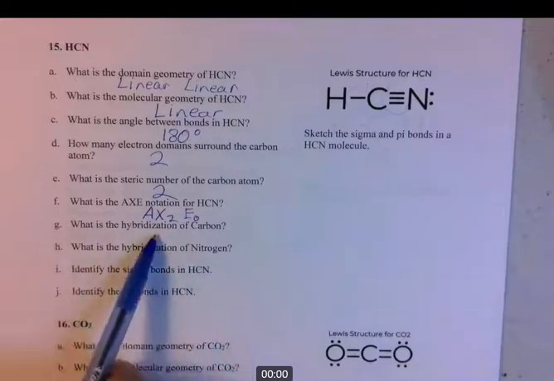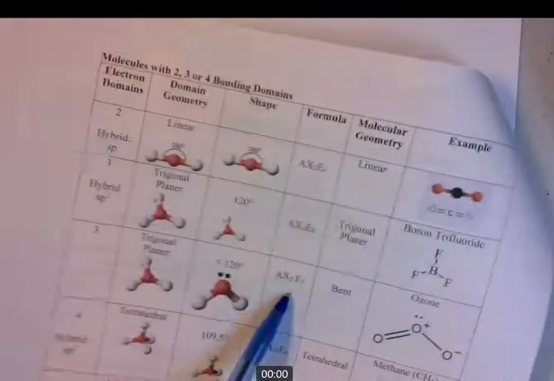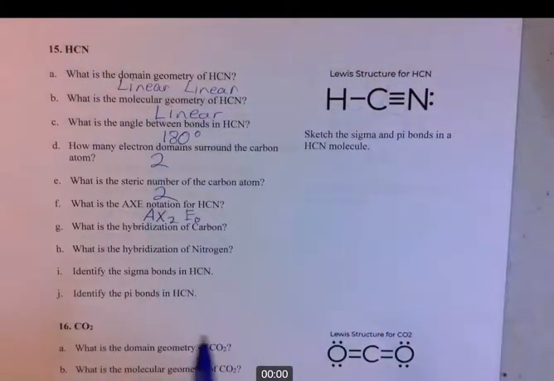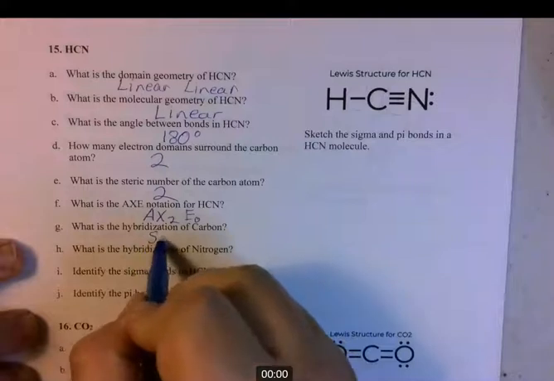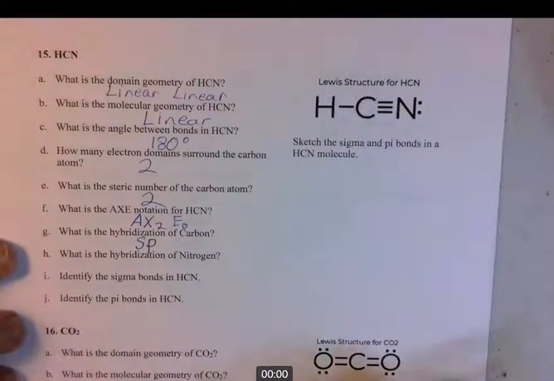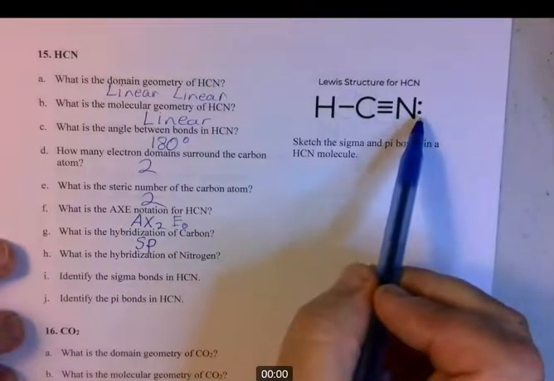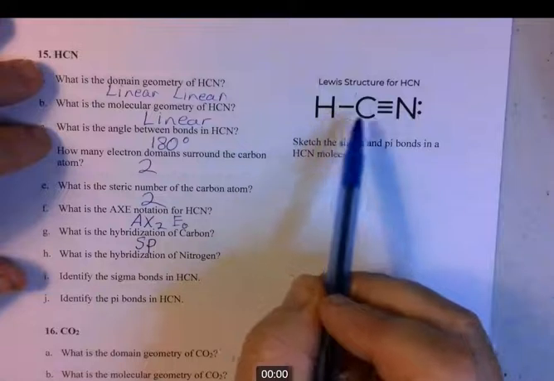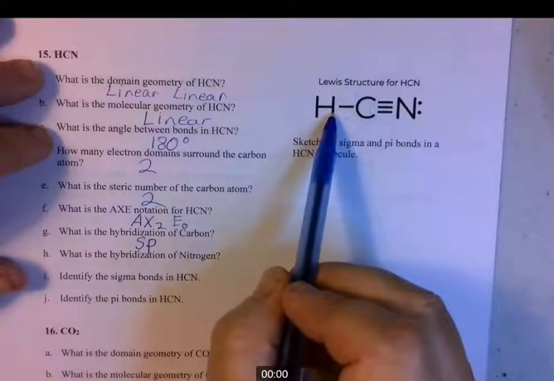Okay, hybridization of carbon. So hybridization is AX2. You just come over here again. It's sp. Now we haven't talked really about the hybridization of the outside atoms, but if you look at the nitrogen, of course hydrogen cannot hybridize. We've talked about that in just about every problem.